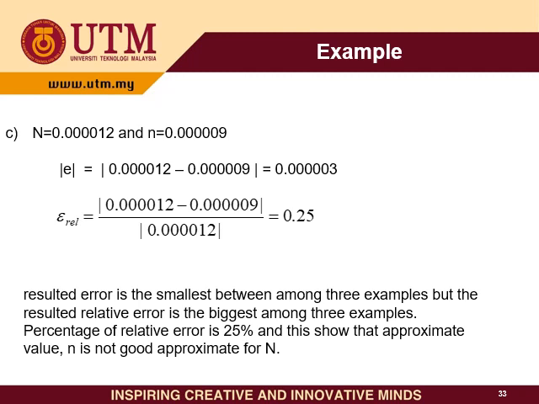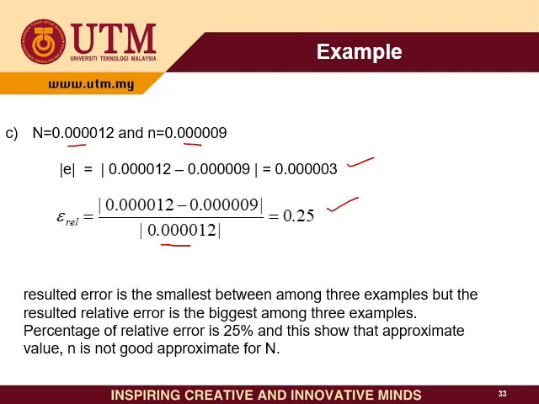Look at another example here. They give you the real value is n here, and our approximate value is 0.0009. So again, finding the error, we will find 0.00003, and finding our relative error, we divide again by the true value, so we get 0.25.